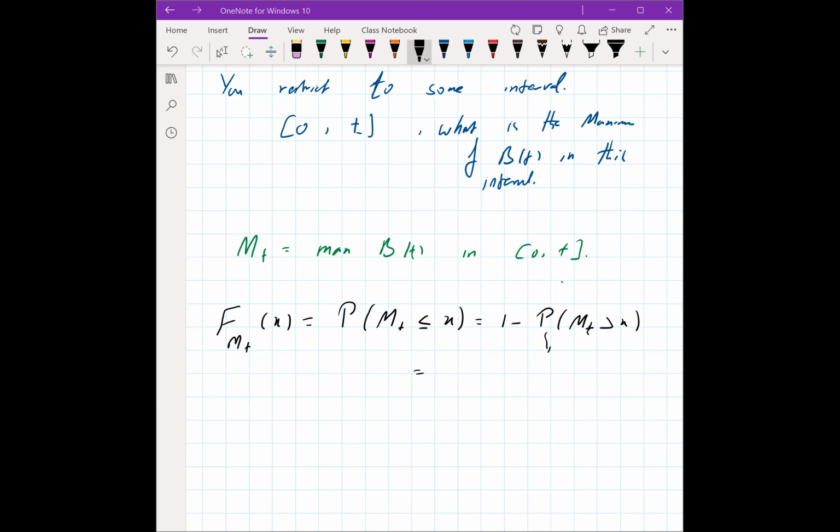This is same as saying that you will hit x in time t.